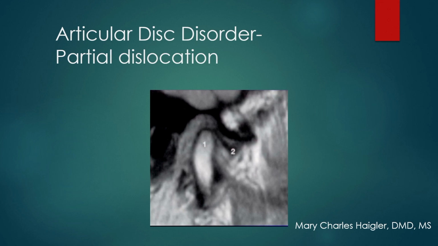So what you see here is the disc is, like I said, anterior to the condyle. There's not really any space between the eminence and the condyle there. And part of the reason is just the pull of muscles and just physiologically the most likely position for the disc to go is anterior.